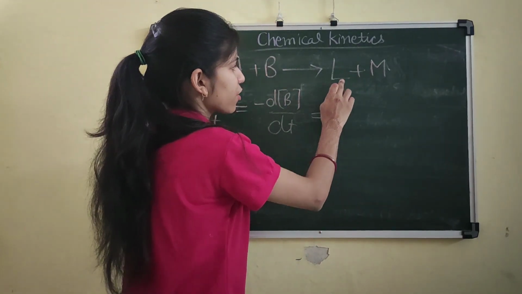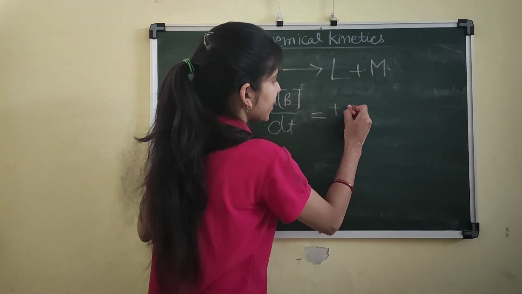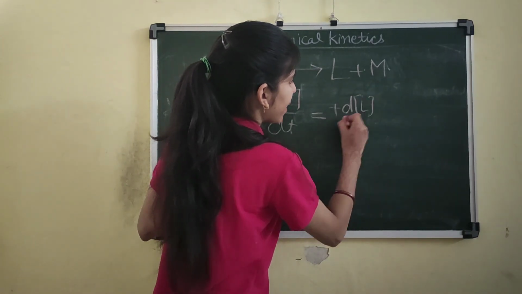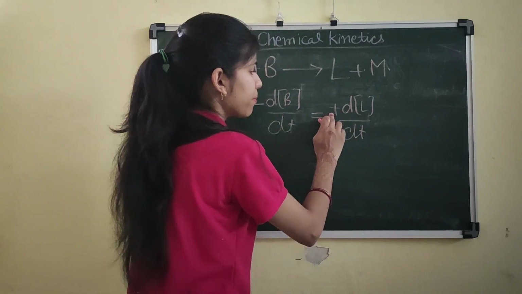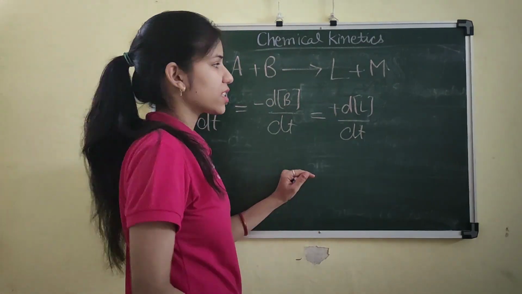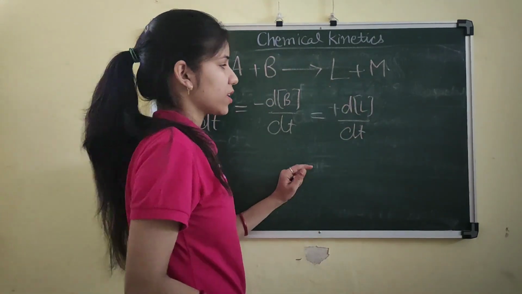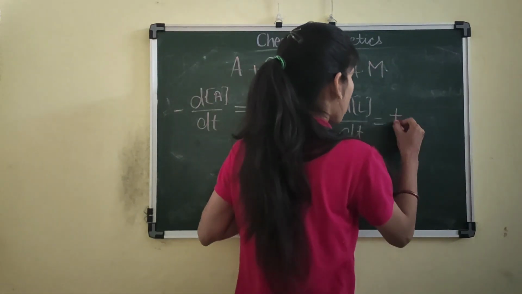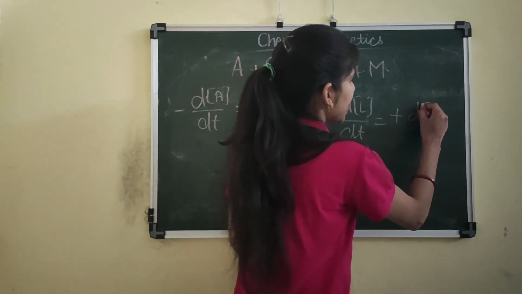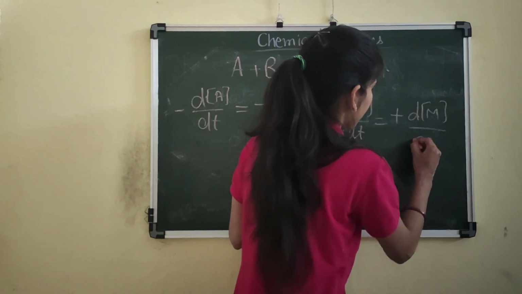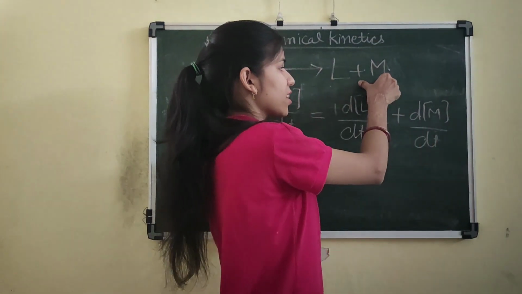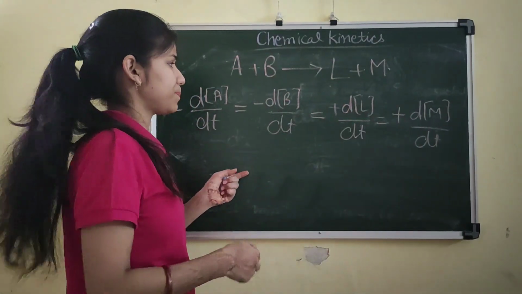And the rate of reaction for L is dL divided by dt. The plus sign indicates an increase in the amount of product, and there is also a plus sign for dM by dt, because the concentration of product increases.